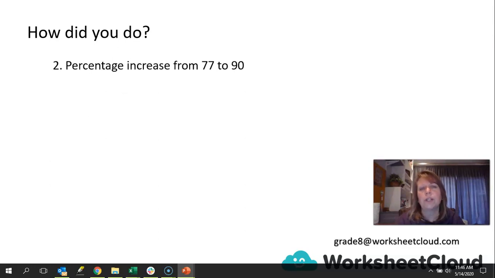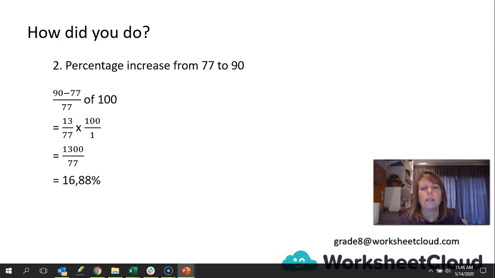Your percentage increase from 77 to 90. We're going to find the difference between the two over our original amount of 77. So 90 minus 77 all over 77 of 100. So it's 13 over 77 times 100. You can't really simplify anything there. So it's going to be 1,300 over 77.